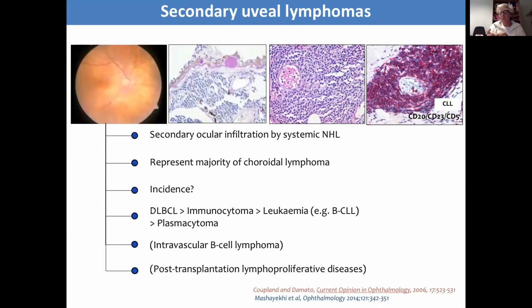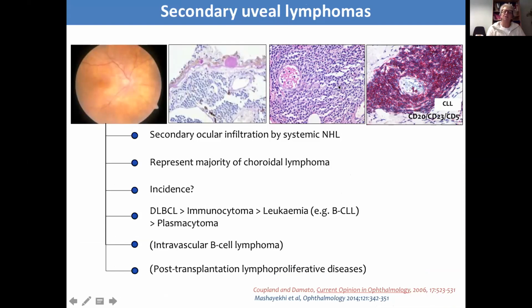Finally, there are secondary uveal lymphomas which can occur, and we don't actually know the actual incidence of these, but these occur in patients who have a systemic non-Hodgkin lymphoma, and then as a late manifestation, the disease occurs typically within the choroid.